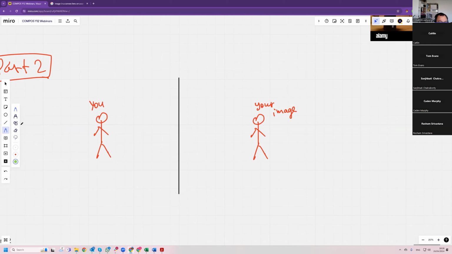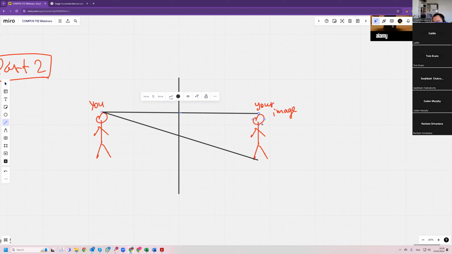And in order to see yourself fully, you draw lines from your eyes to the bottom of your image, and then to the top. So this way you can see yourself. And the mirror has to be of this size.